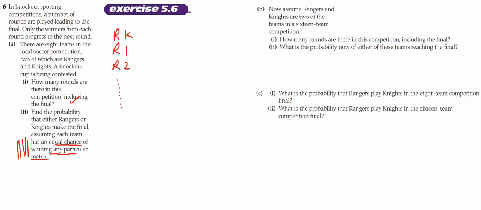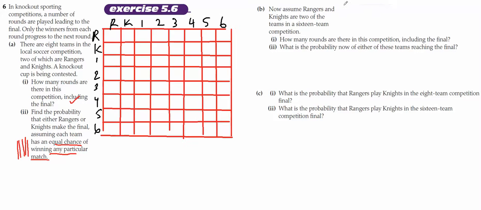Now, what's a good way to sort this? This is an example where a lattice would be a really good way of sorting. Okay, so I've drawn up a lattice diagram, all the possible first teams and all the possible second teams in the final, and since every team's got an equal chance of winning, they've got an equal chance of getting to the final.